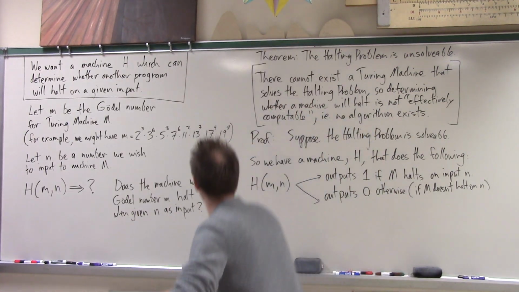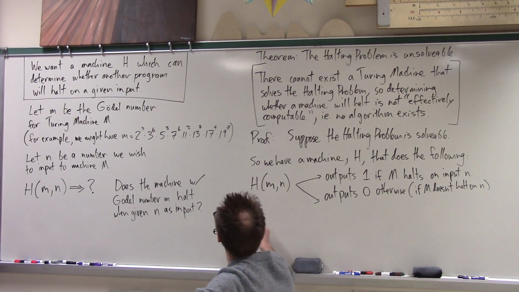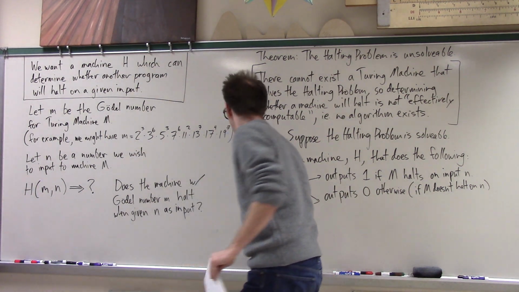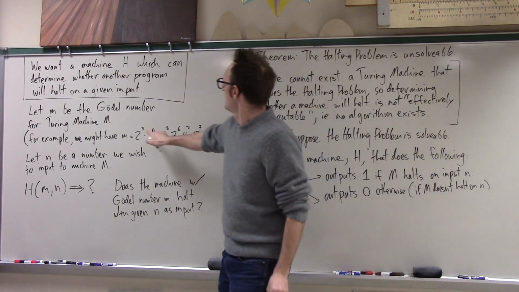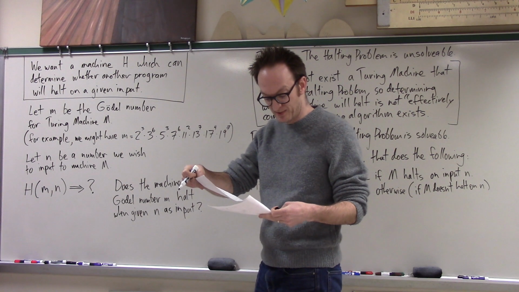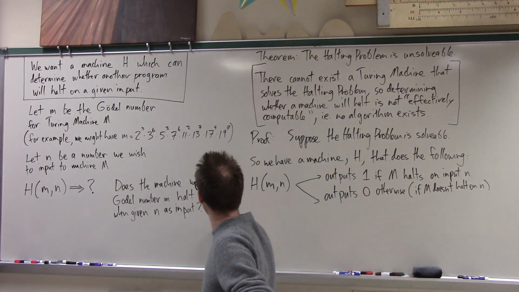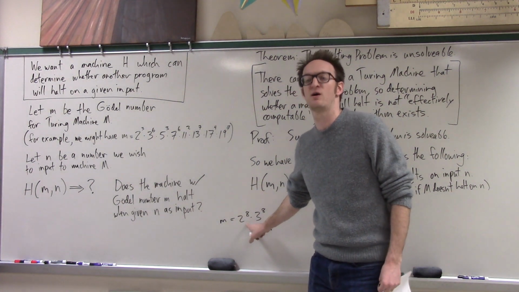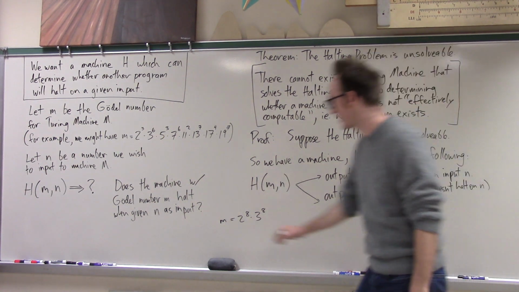For example, if I just set m to be like 2 to the 8, well, actually it's hard to come up with an example on the spot. The technical details aren't important, but if I just gave you 2 to the 8th, 3 to the 8th, just trust me that when you decode this, it's not going to be a Turing machine at all. It's just going to be a bunch of garbage.